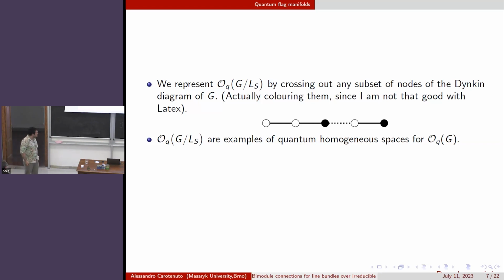And for the ones who know, the quantum flag manifolds are very good examples of quantum homogeneous spaces.